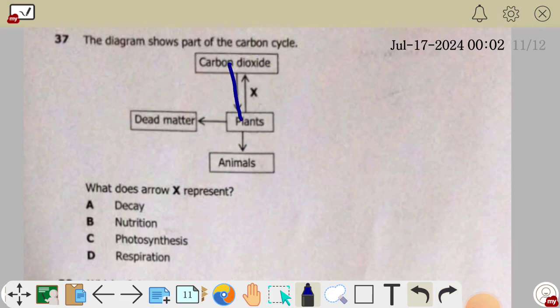So it is getting in carbon dioxide, and some of the carbon dioxide is coming out of the plant. So that is respiration. During respiration, carbon dioxide will be released, not oxygen. So the level of carbon dioxide will increase. So release of carbon dioxide by plant is respiration. So the correct answer here is D.